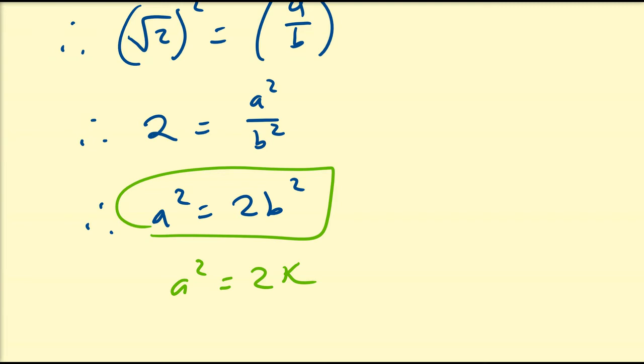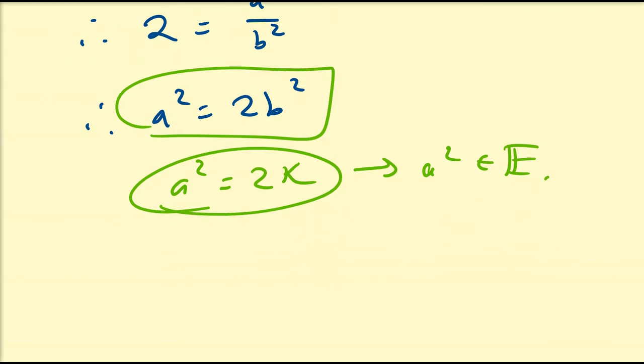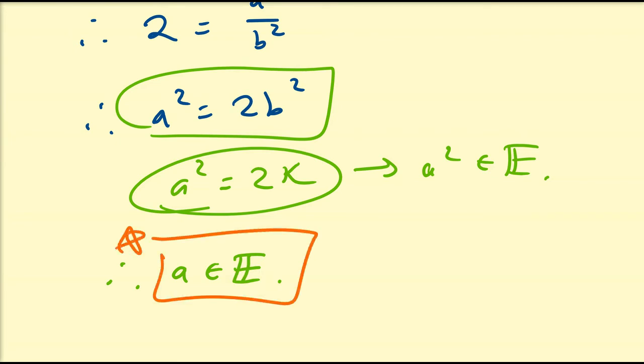So a squared is equal to 2k for some integer k. So if this is true, then a squared is an even number. We've already proven in the previous video that if a squared is even, that means a is also an even integer. So let's just remember this fact briefly.